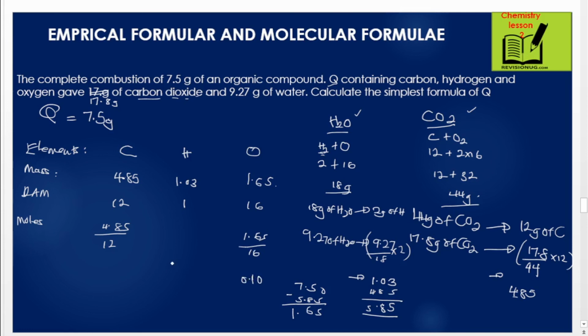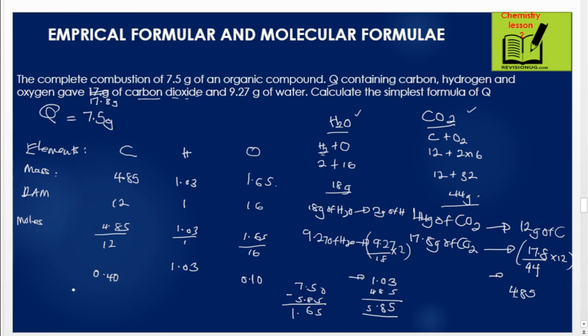Then this is going to be 1.03 divided by 1. Then let us come to this one. This one is going to be 4.85 divided by 12. So this is going to give us 0.40. Yes, we can stop there.